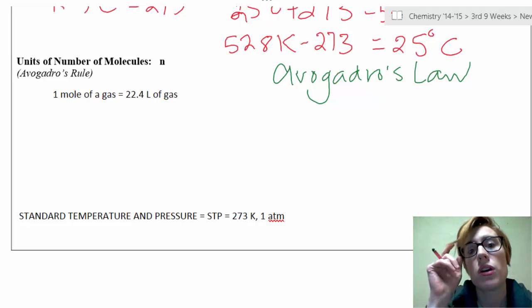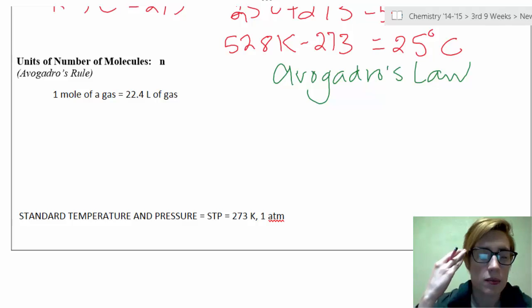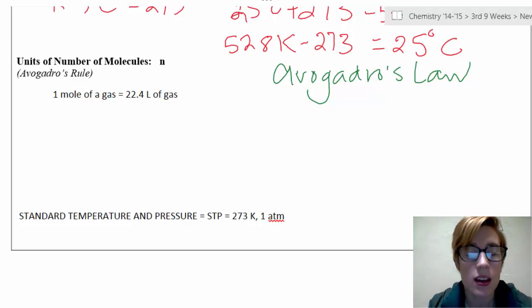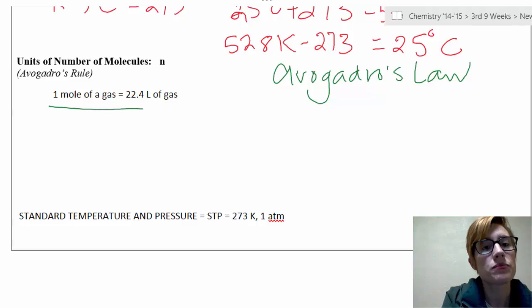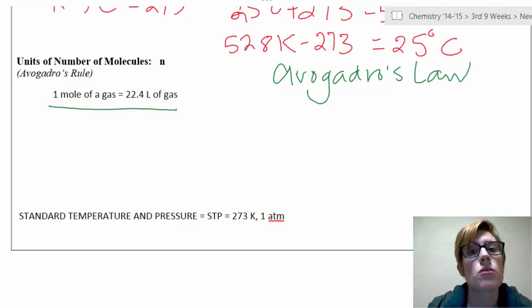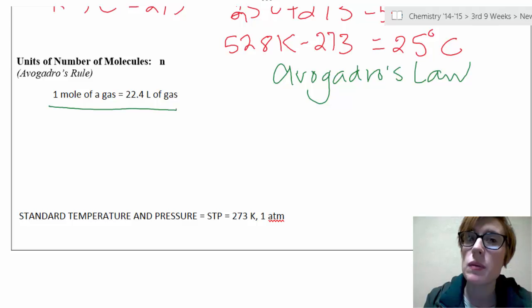Well, he also discovered that if you had a gas under ideal conditions, if you had exactly 1 mole of that gas, it would take up 22.4 liters of space. So this conversion is called Avogadro's law, which states that if you have a mole of gas, it will always equal 22.4 liters.